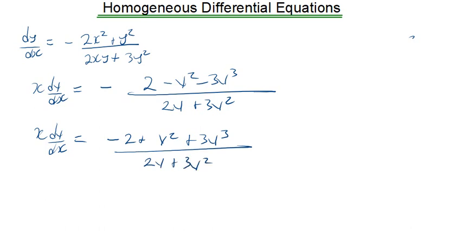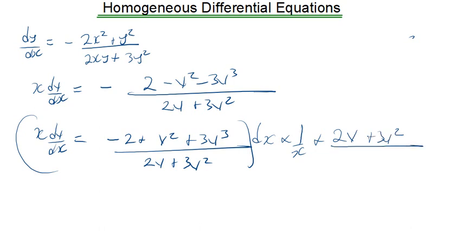Now we multiply both sides by dx, and also by 1 over x times the reciprocal of that one. What you end up with is 2v plus 3v squared divided by minus 2 plus v squared plus 3v squared.